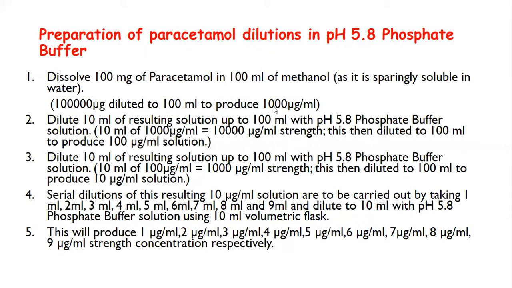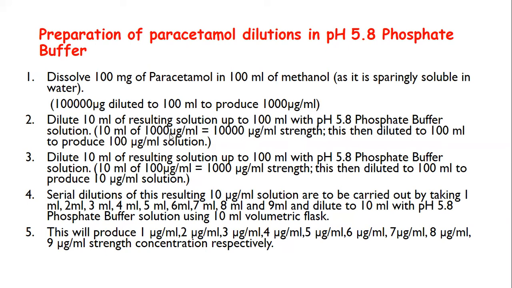From this 1000 microgram per ml stock solution, we pipette out 10 ml of solution and again dilute to 100 ml, and this dilution is now made in pH 5.8 phosphate buffer.